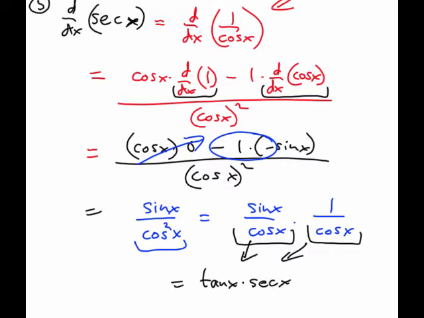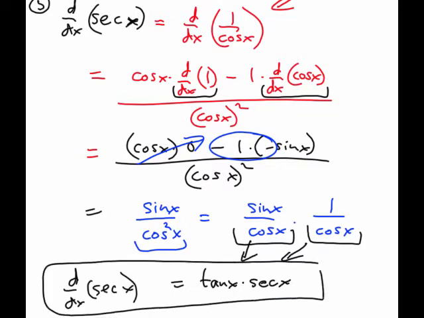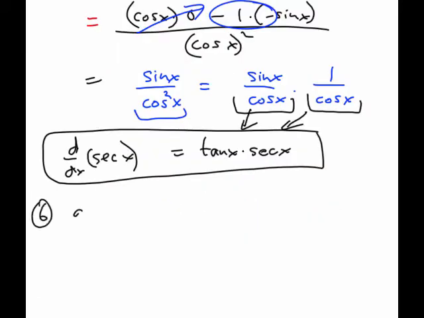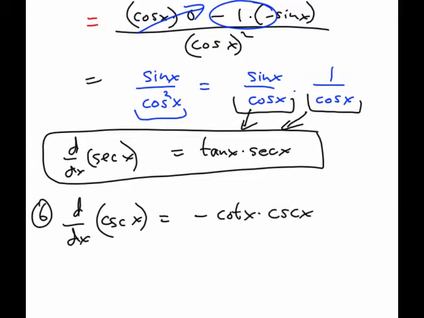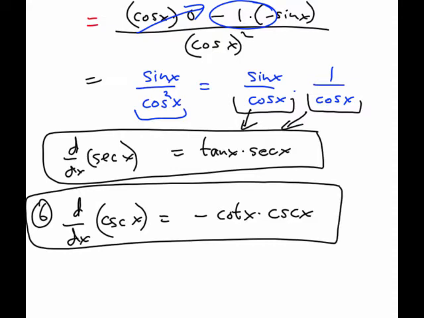This is the form of the derivative we typically use for secant. The derivative of secant is tangent x times secant x. And similarly, the derivative of cosecant x is negative cotangent x times cosecant x. Another one you need to remember.